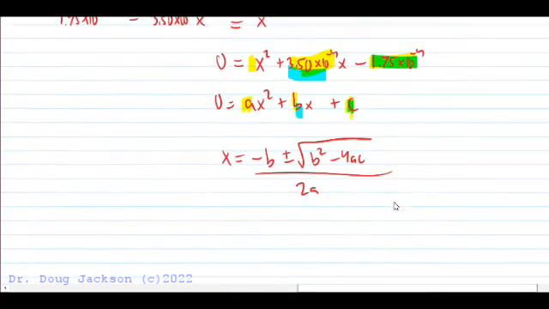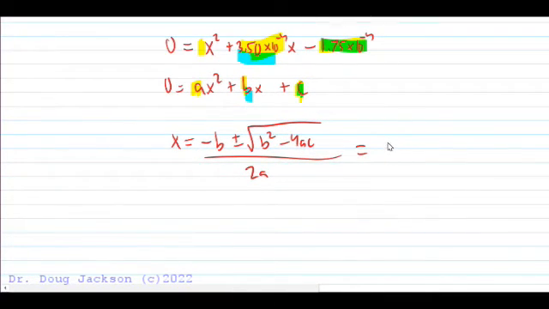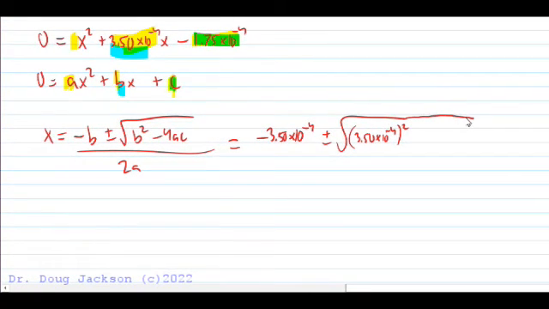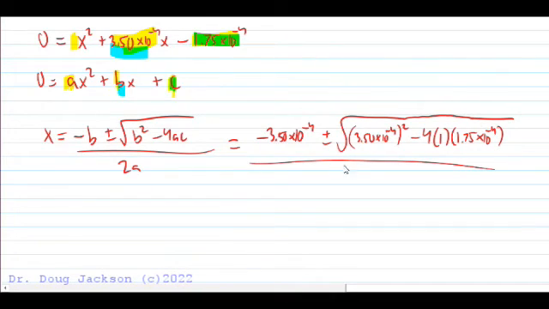All right, and so if we plug that in, our quadratic equation, negative b, negative 3.50 times 10 to the minus 4 plus or minus square root of that same number squared, 3.50 times 10 to the minus 4 squared, minus 4 times a, which is 1, times c, which is 1.75 times 10 to the minus 4, all of that over 2 times 1 is 2. Okay, so that's our algebra plug-in.